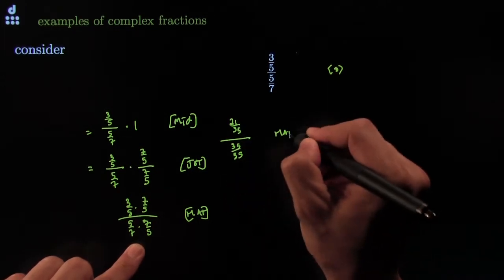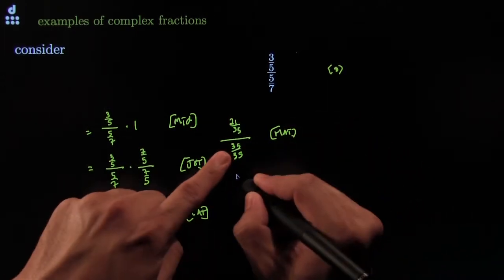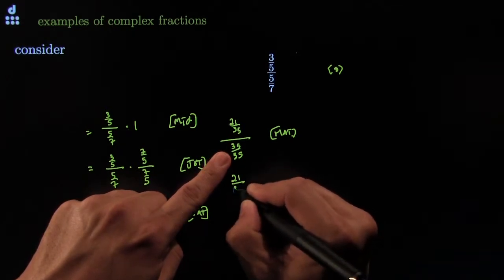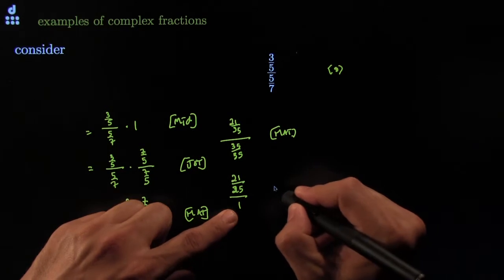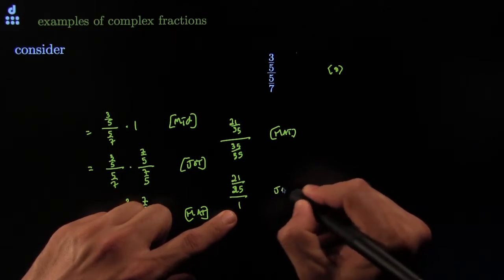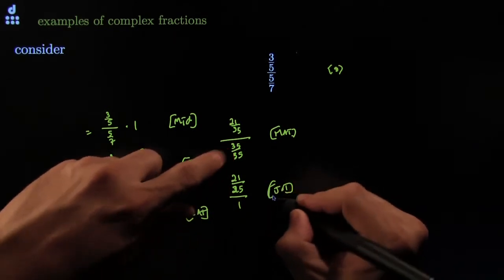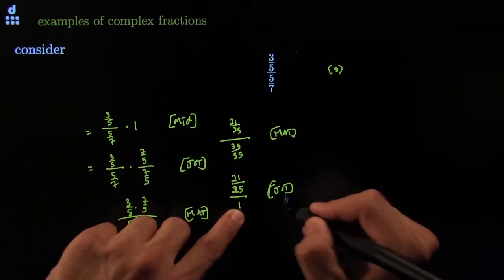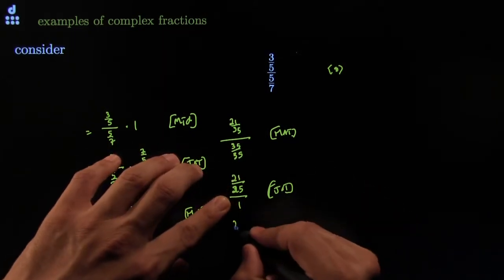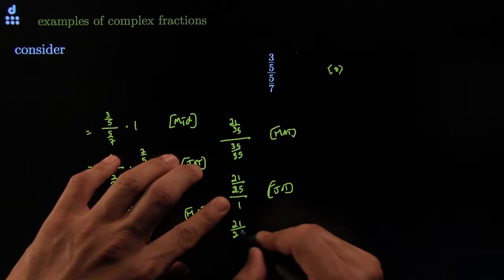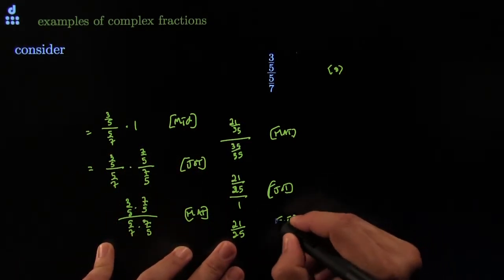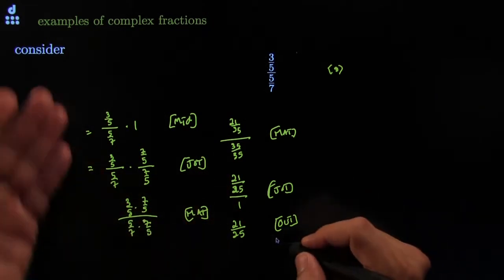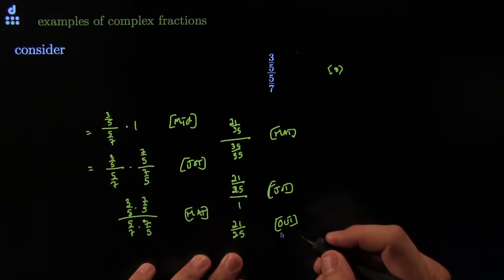The bottom becomes just 1, so that's 21 over 25 over 1. I changed the 35 over 35 to 1 by the just 1 theorem. And now I go with 21 over 25, since the 1 under does nothing. And there you go, I was able to simplify it.